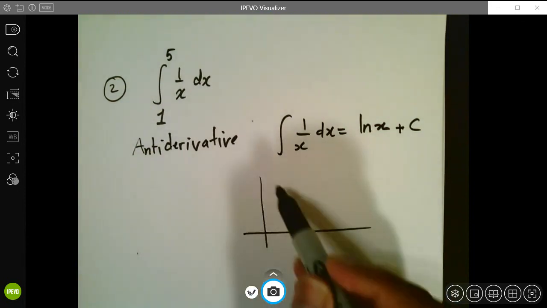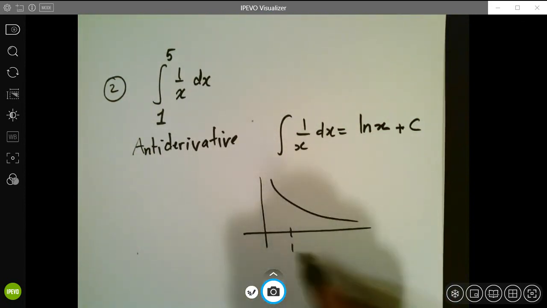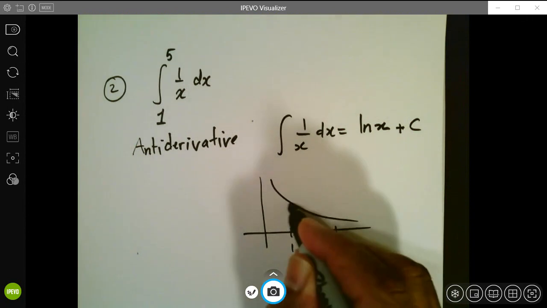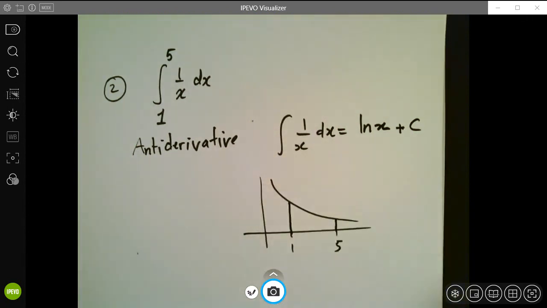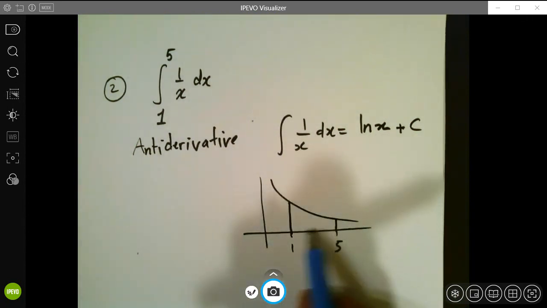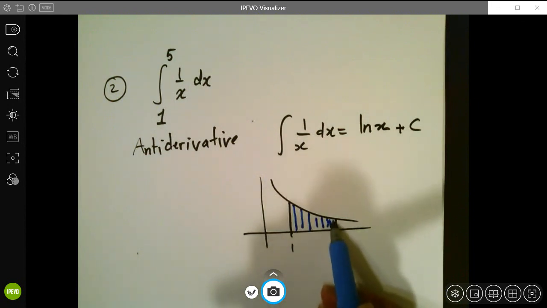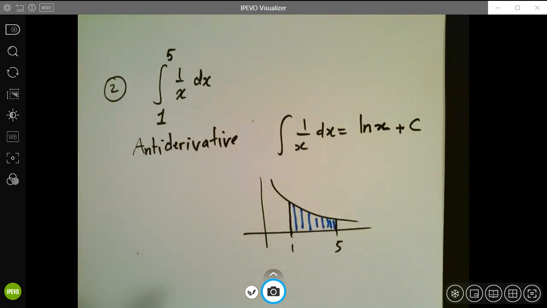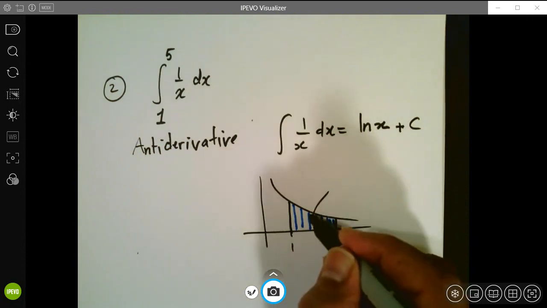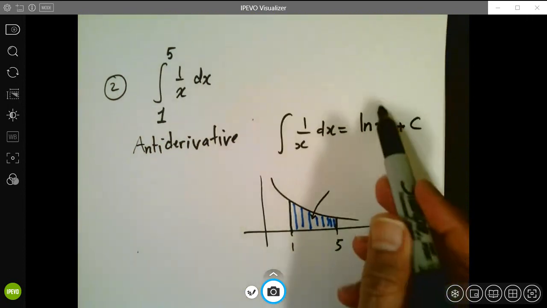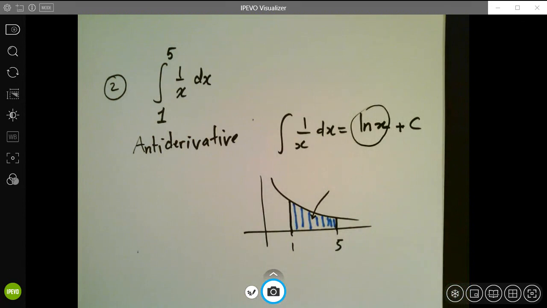Why? Because if you try to compute from 1 to 5, you can see clearly that the surface area under the curve is this one. But if you want to use Riemann sums again, it may not be easy to find the surface area. With the fundamental theorem of calculus, this is the antiderivative.